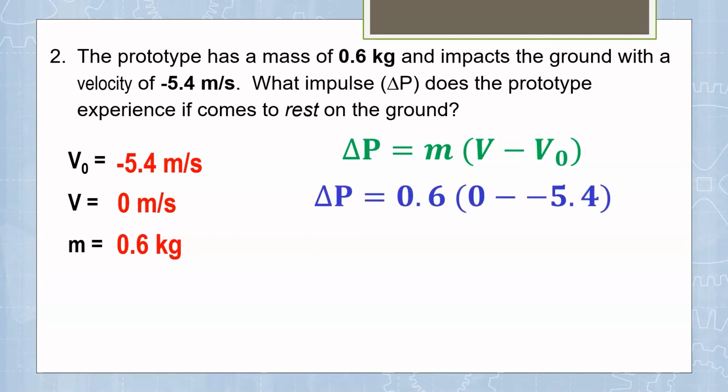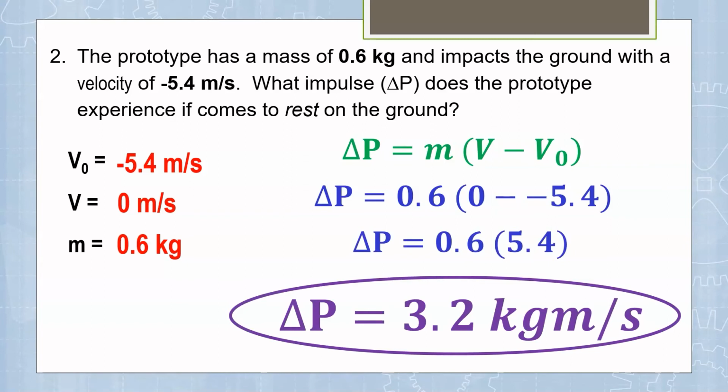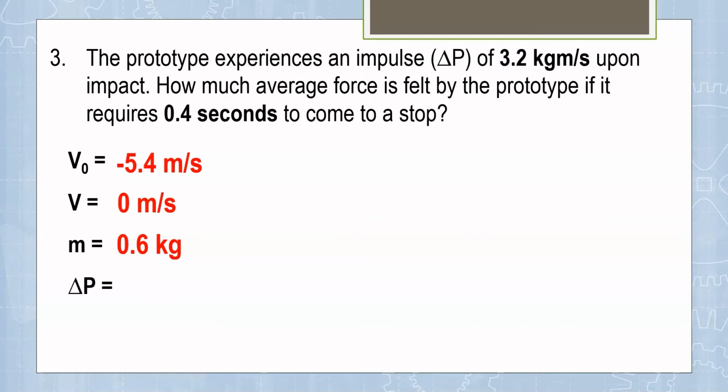V sub 0 is negative 5.4, and I'm subtracting it, so it's really positive. 0.6 times 5.4 gives me 3.2 kilogram meters per second. That's the change in momentum, the impulse experienced by impact of this egg prototype. We've used the change in velocity and the mass of the egg drop prototype to figure out the impulse, the change in momentum, the delta P.